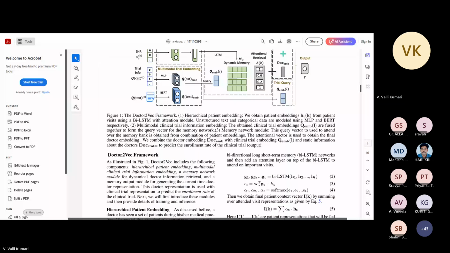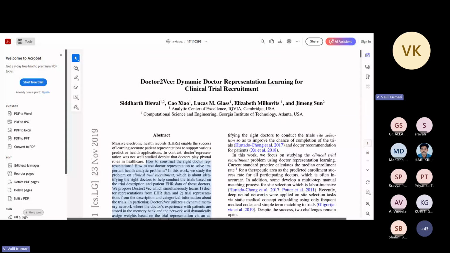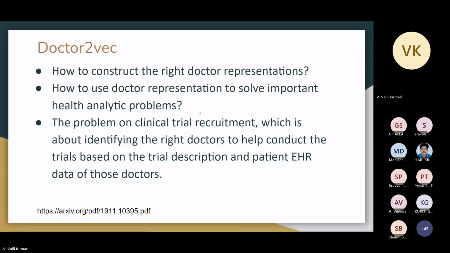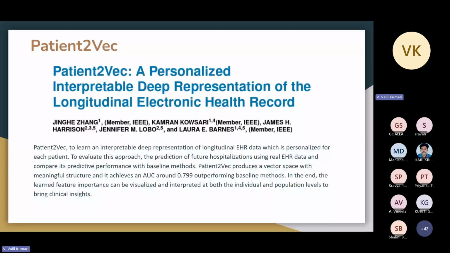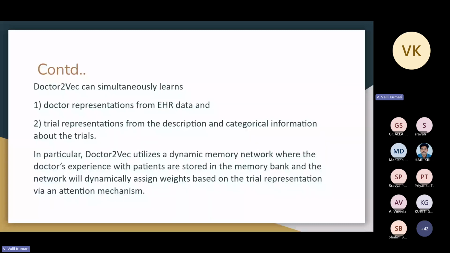Those of you interested can go through this. It makes use of dynamic memory networks, an interesting strategy, and they make use of attention mechanisms.